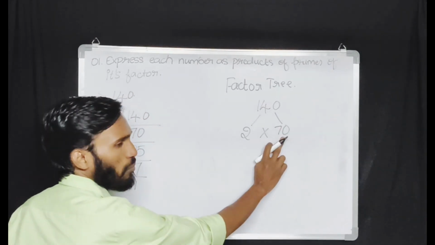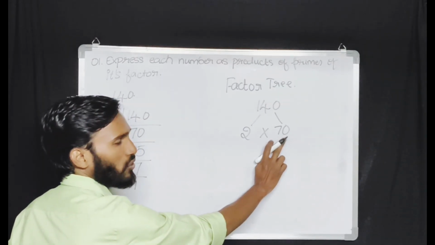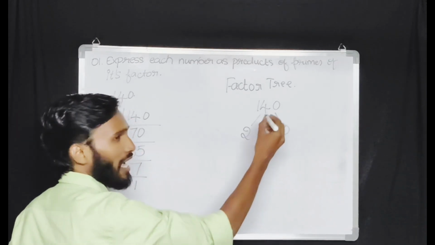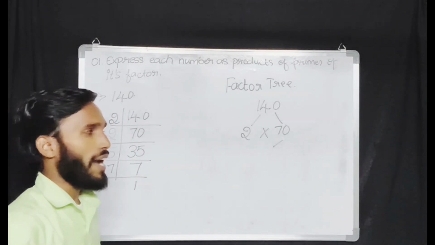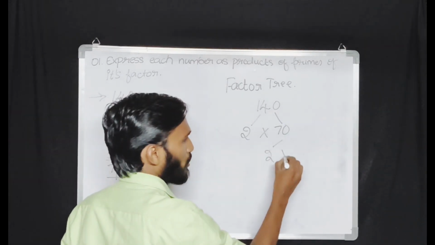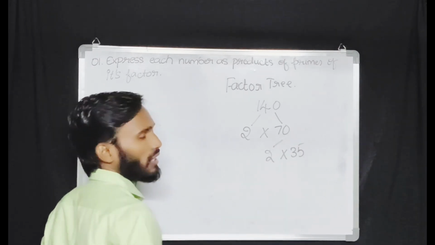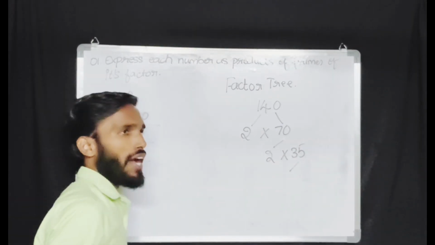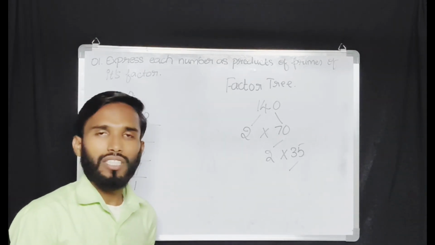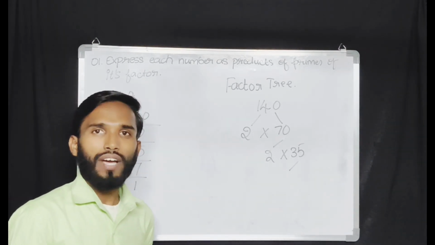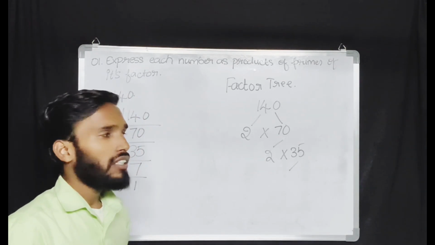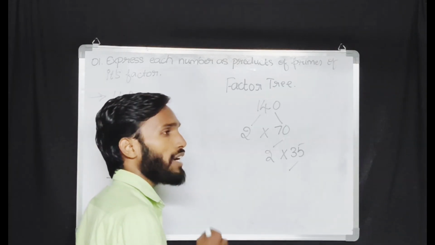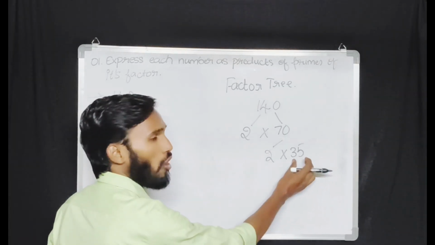Is 70 composite or prime? Absolutely composite, because it has more than 2 factors. Again in the 2 table, 35 times. How many factors does 35 have? 5 sevens are 35, 7 fives are 35, 1 thirty-five, 35 ones are 35. That means 35 has 4 factors, so it is a composite number.